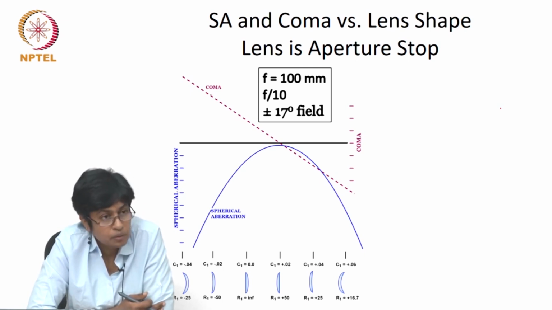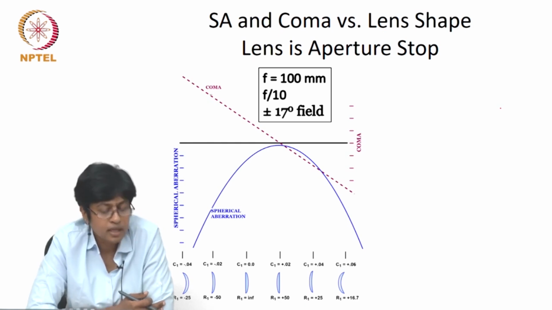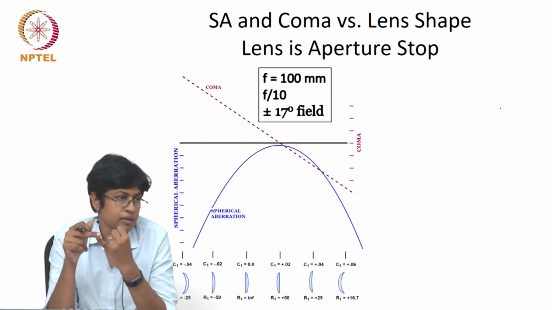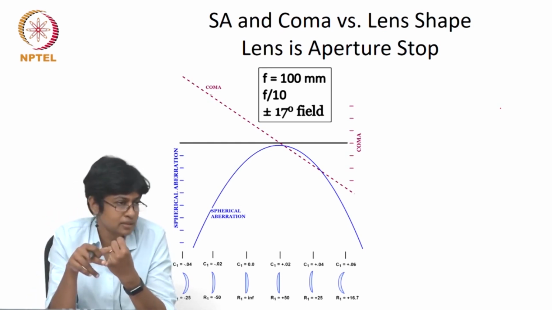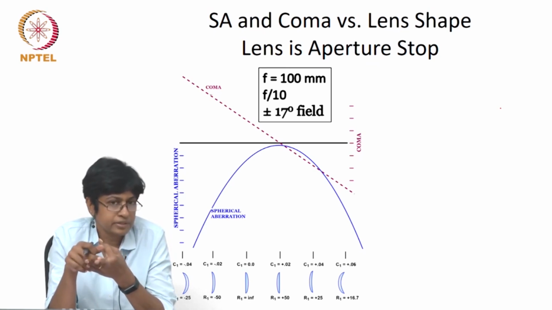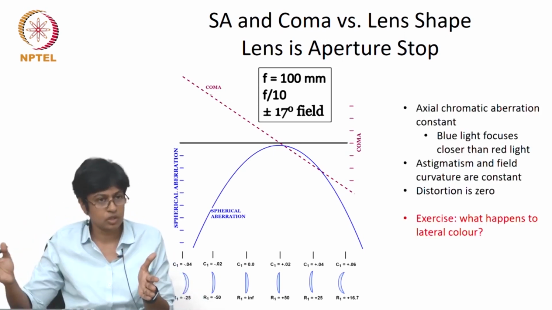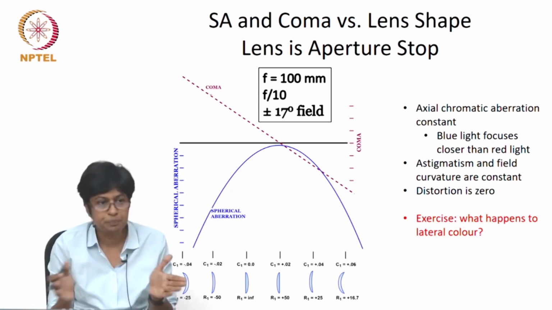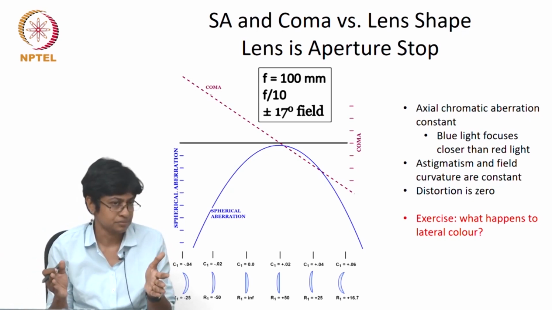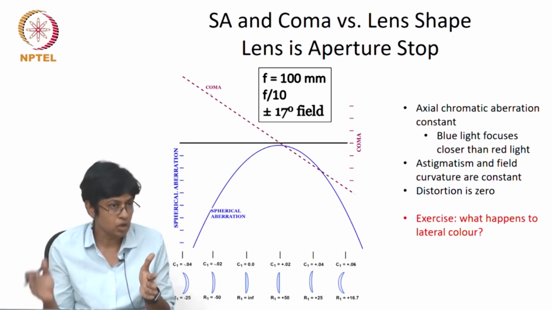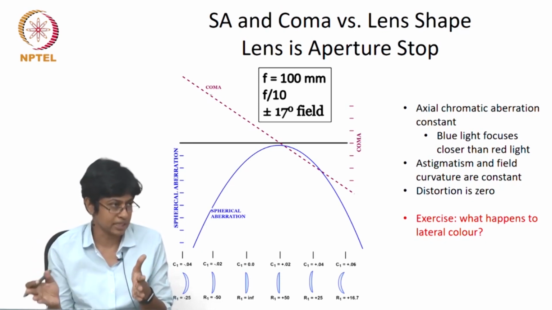The other aberrations we could have looked at are astigmatism, distortion, field curvature, and the chromatic aberrations, right? It turns out that if I look at the axial chromatic aberration, the aberrations are not affected by the shape of the lens.